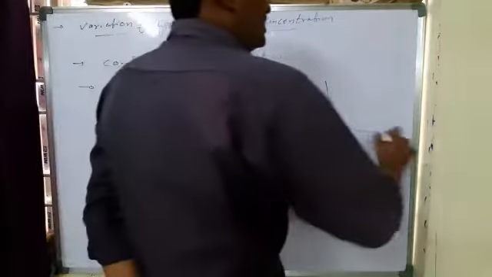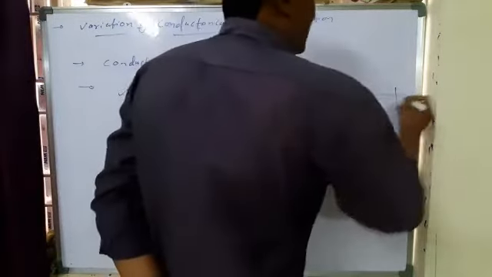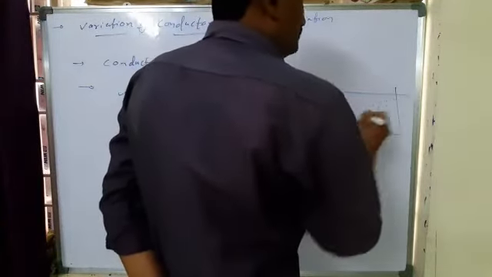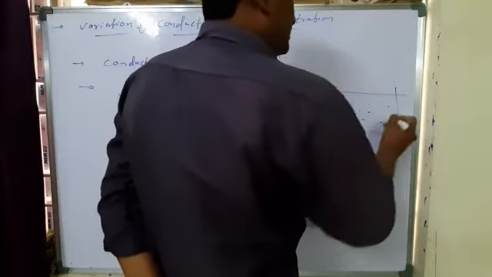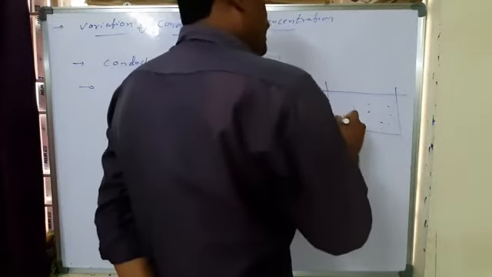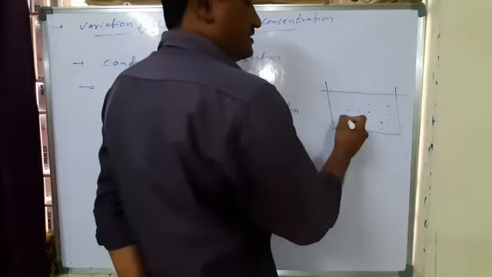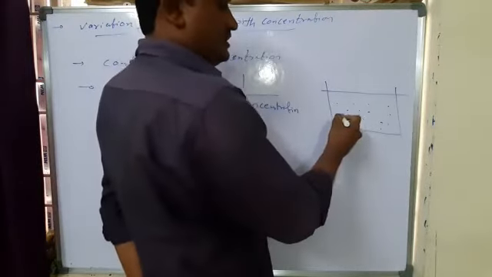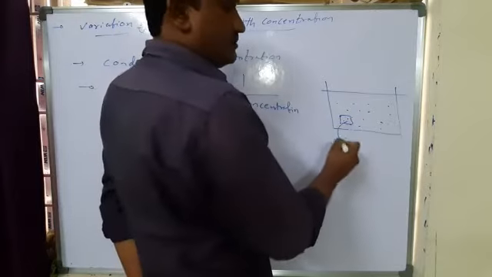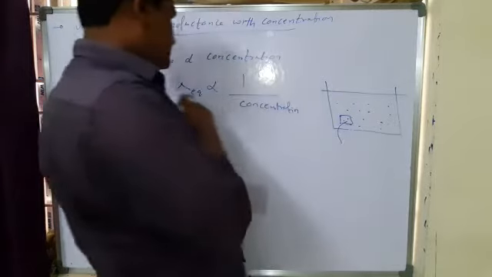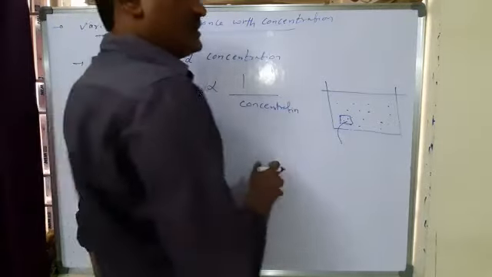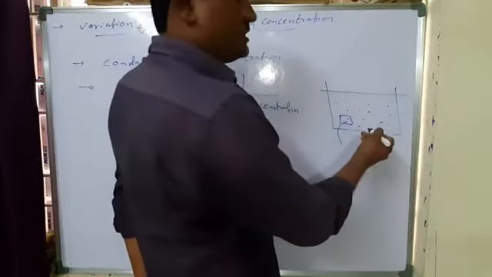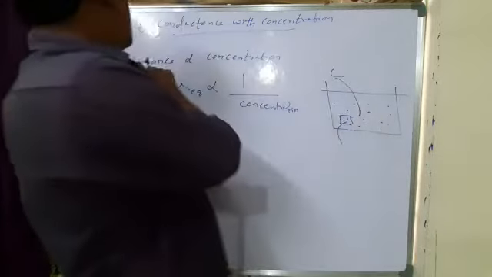For example, in this container, if you take the electrolytic solution, initially in unit area, if two ions are present, its conductance is the molar conductance or equivalent conductance. Then the overall solution conductance is called conductance.